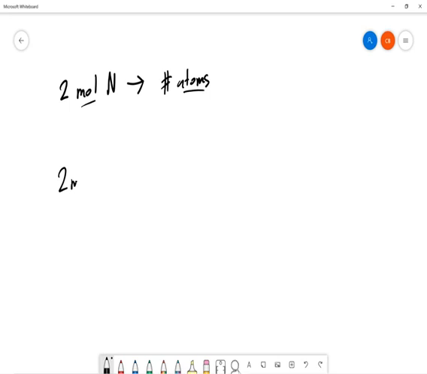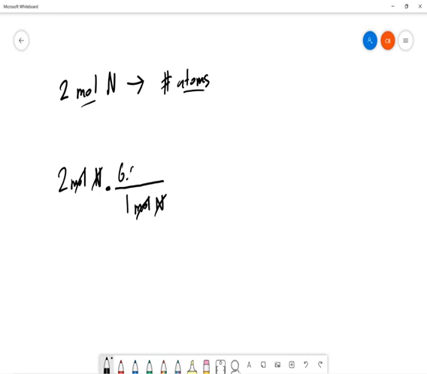So we've got 2 moles of nitrogen. Now, we need to get rid of moles, right? So we're going to divide by 1 mole of nitrogen. So that's going to cancel out moles of nitrogen, but not the numbers, remember. What is 1 mole of nitrogen equal to?